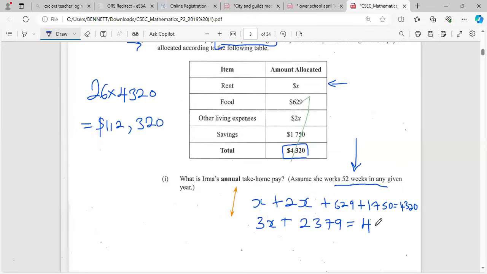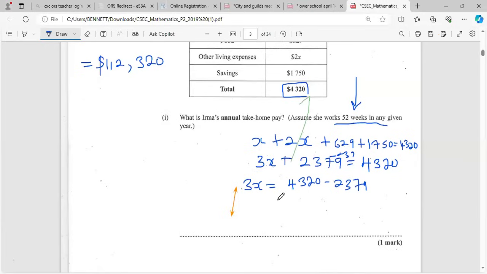All we have to do is just subtract this from both sides. So we can say 3x equals 4,320 minus 2,379. Remember, we're transposing now, right? I don't have the space to show this, but we subtract this from both sides. Let's see how much this works out to.